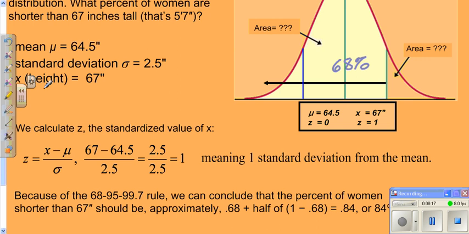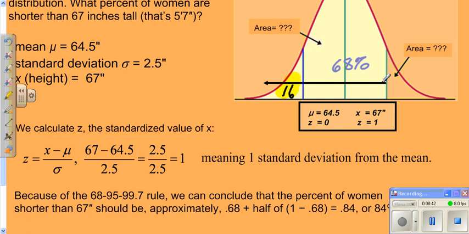However, we also need to go ahead then and include this tail here. Well, if the center is 68, you know both tails together then is 32. If this tail here and this tail over here add up to be 32, and they're both the same size, you know that this would have to be 16.